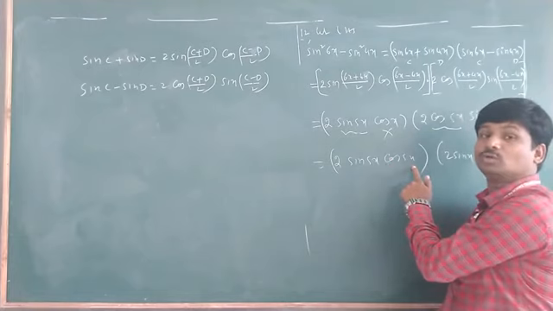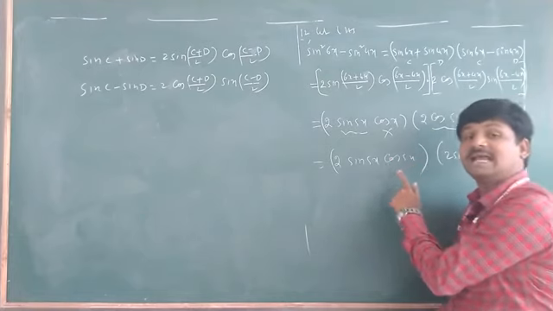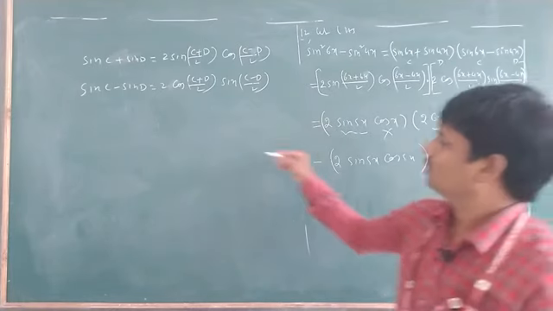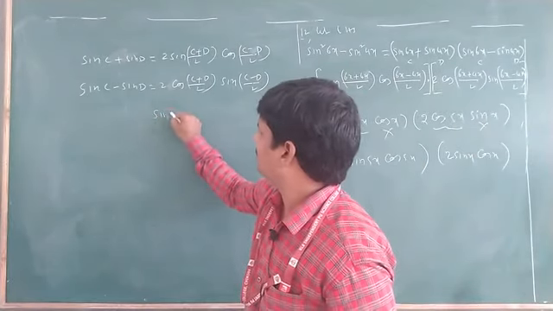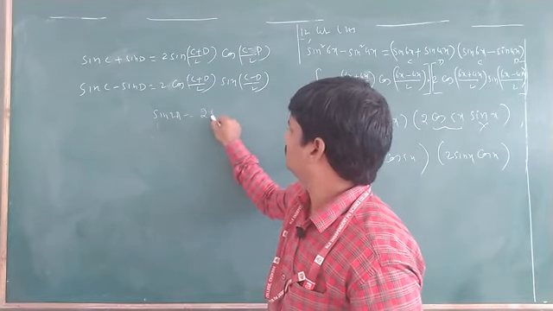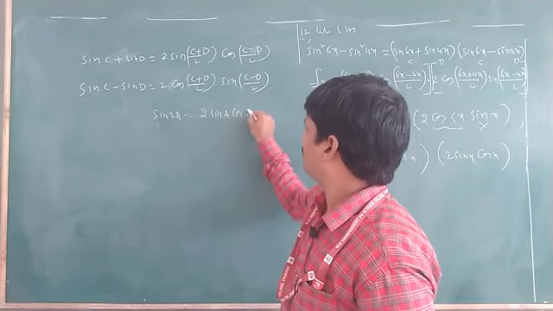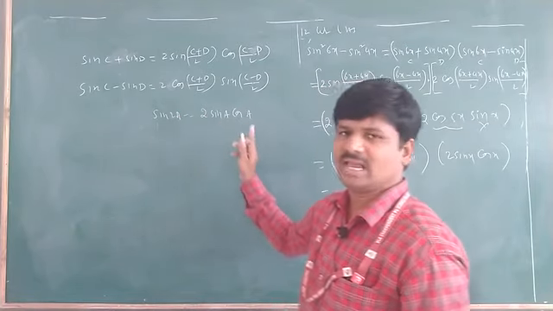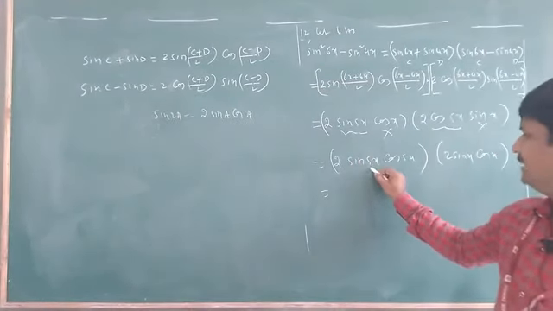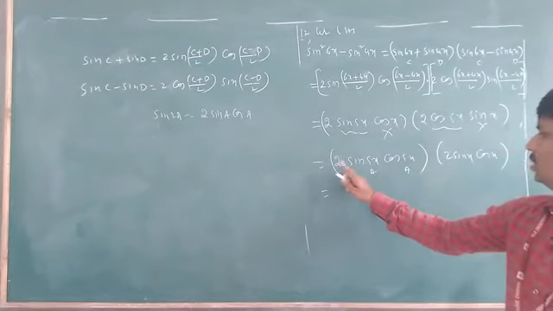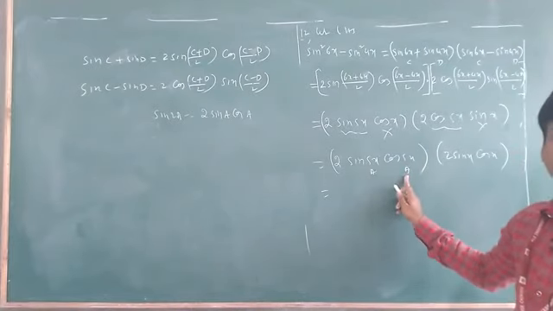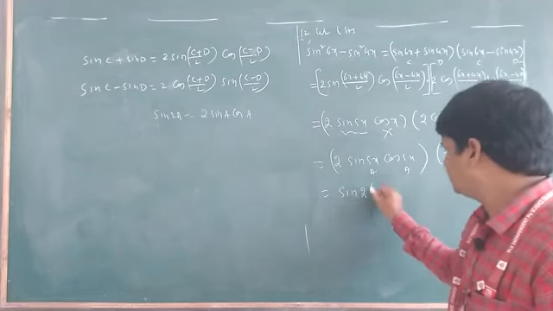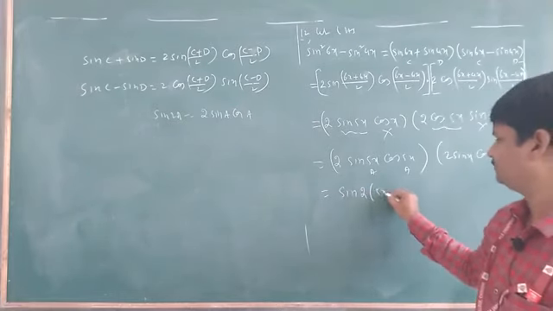What is the formula of 2 sin a cos a? Sin 2a. Sin 2a is equal to 2 sin a cos a. So substitute: 2 sin a cos a is sin 2a, where a means 5x here.